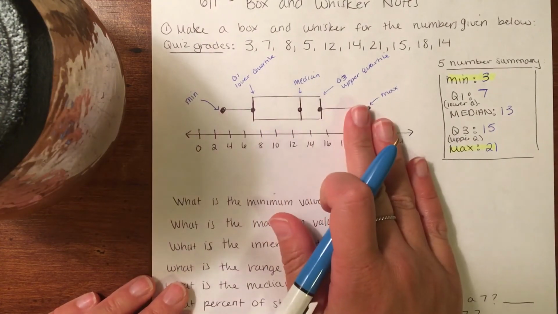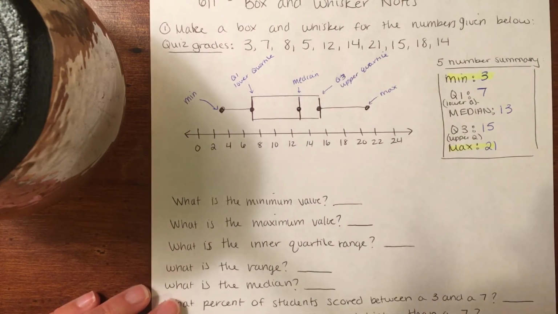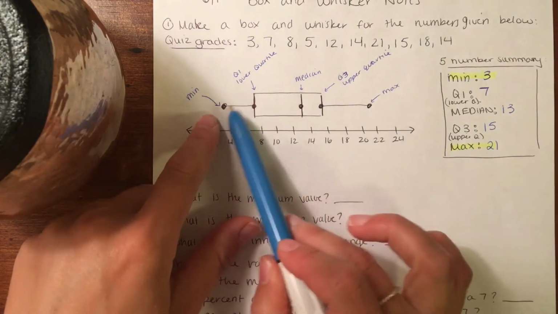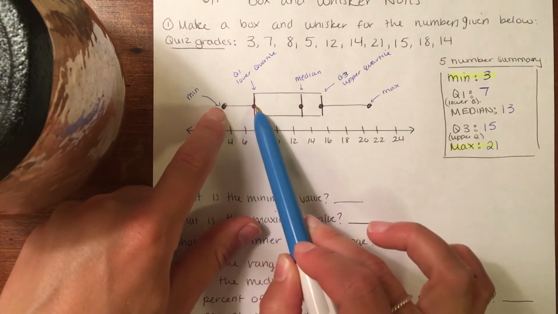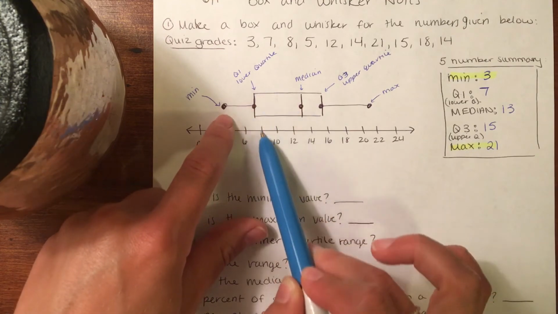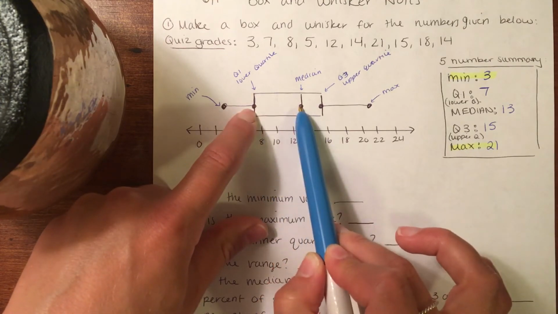What a box and whisker does is it breaks up the data into 4 equal sections. So there's the same number of data points or quiz grades in between your min and your Q1. There's the same number of data points in between your Q1 and your median.